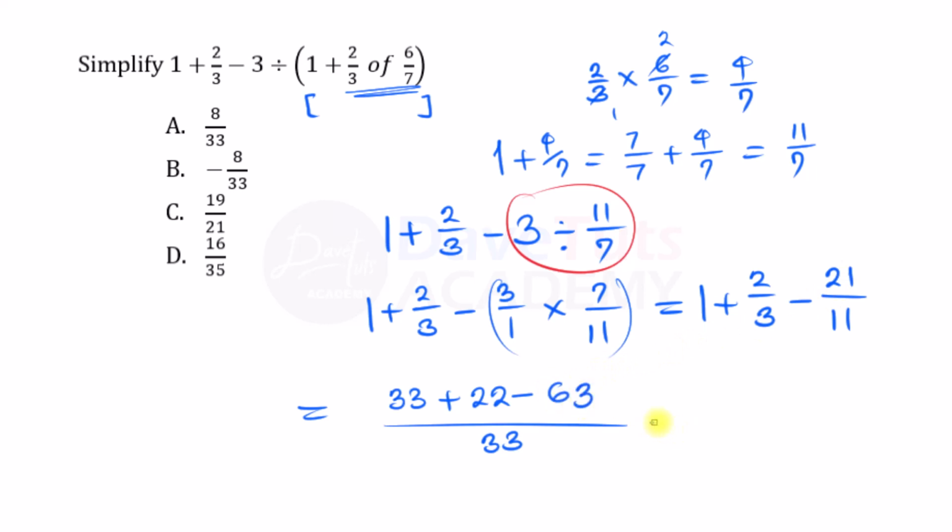So this is what we have, and it will give us 33 plus 22, that will be 55. 55 minus 63, that will be minus 8 over 33.